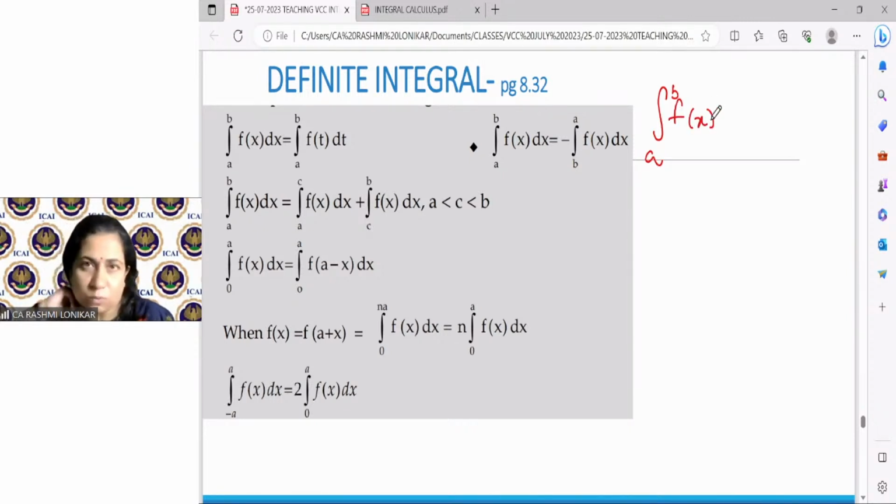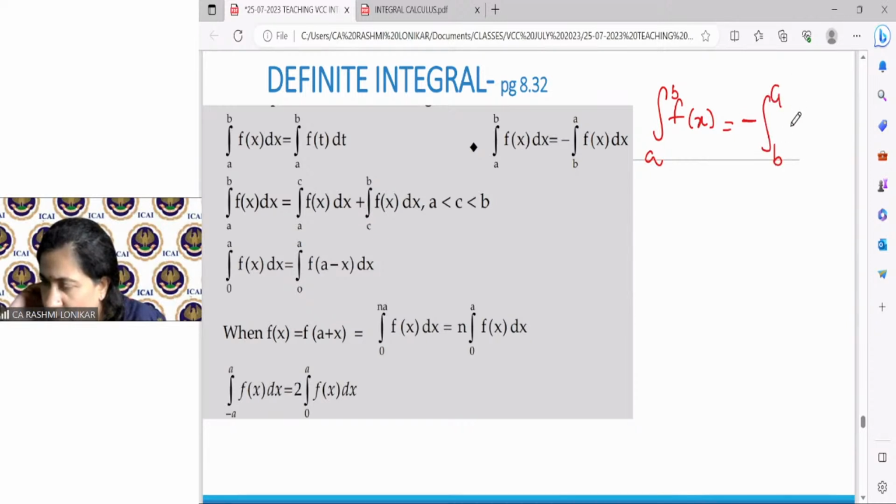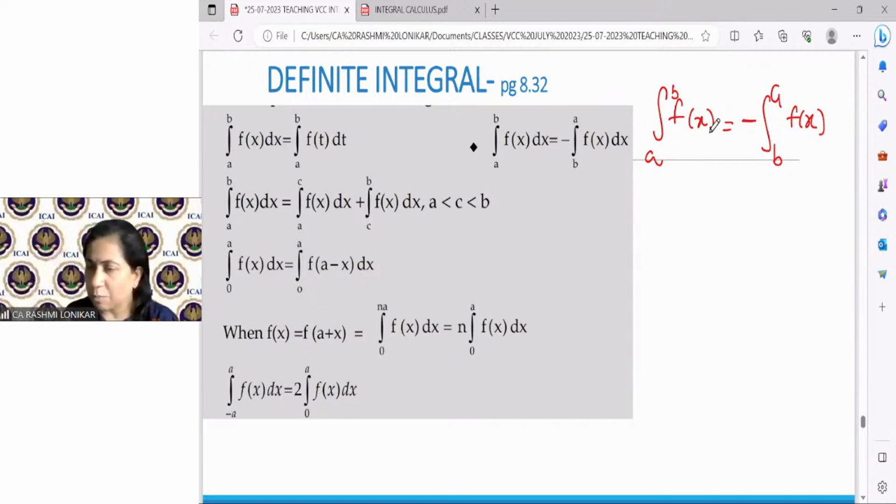Integral a to b of f(x) is also equal to minus integral b to a of f(x). This is a very important property.